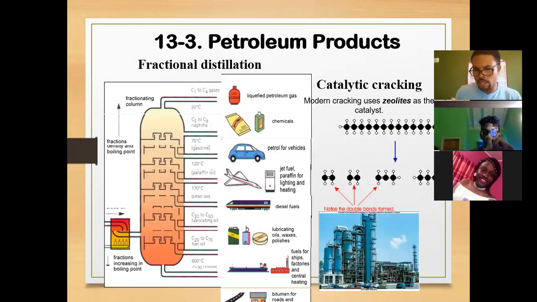So, example, thermal cracking will include what we have here, 700 degrees Celsius, in order to break the long carbon chains.